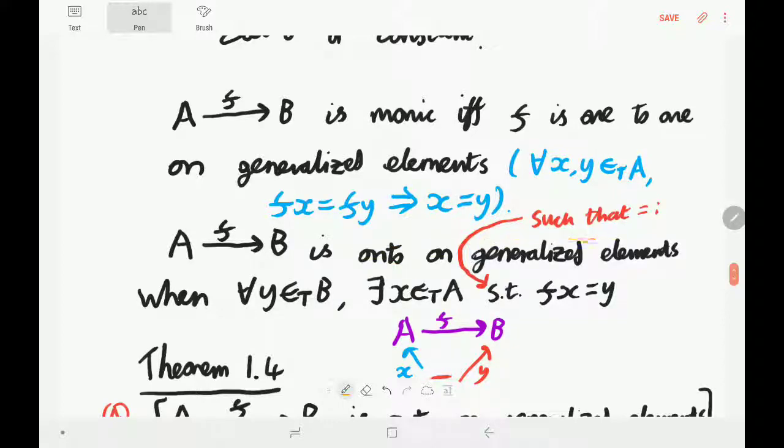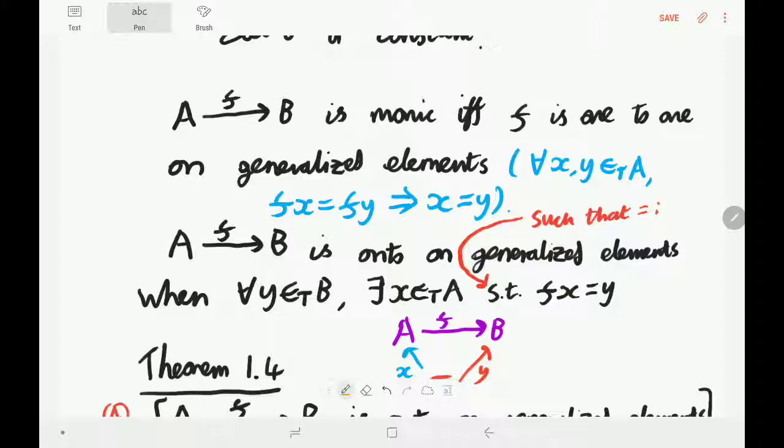And also, here's a new definition. So I believe in the category of sets, saying an arrow is monic is equivalent to saying that it is injective, and saying an arrow is epic is equivalent to saying that it is surjective.